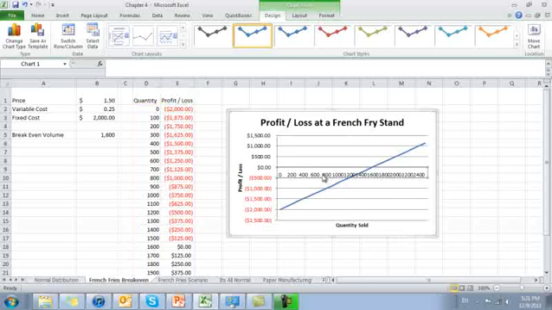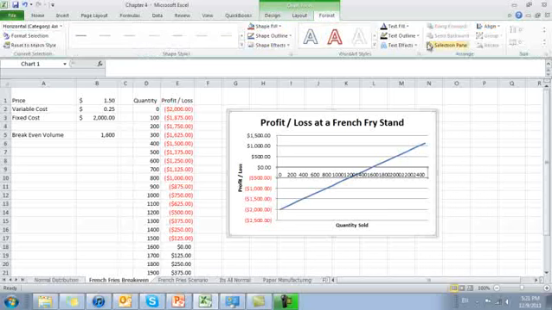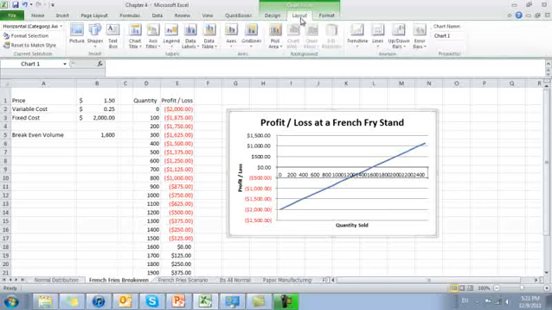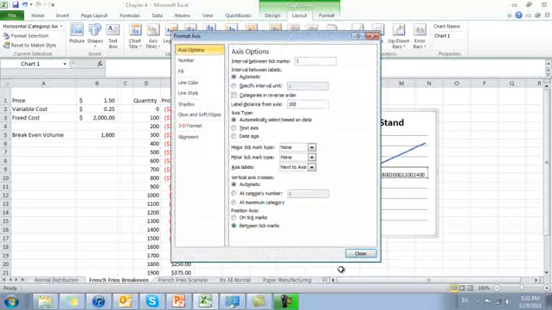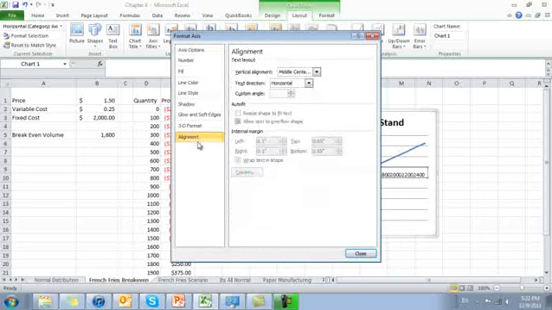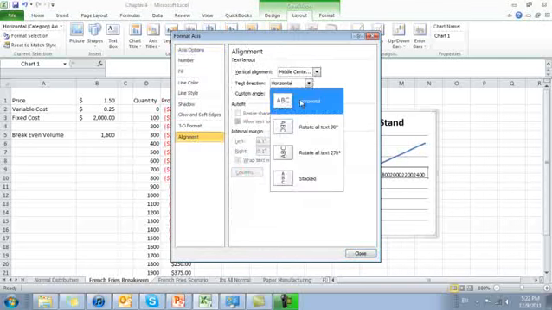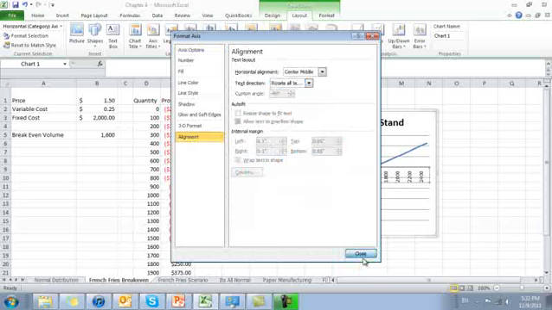I particularly do not like the way that this axis shows up, so I'm going to go ahead and adjust that. Format the axis, layout, there we go, axis. I think I just need to hit format axis. All I am doing is right clicking. I'm going to change the alignment so it appears in this format. Close.